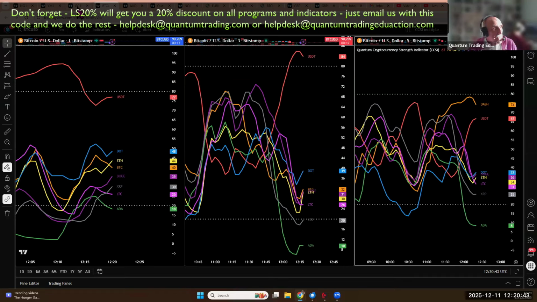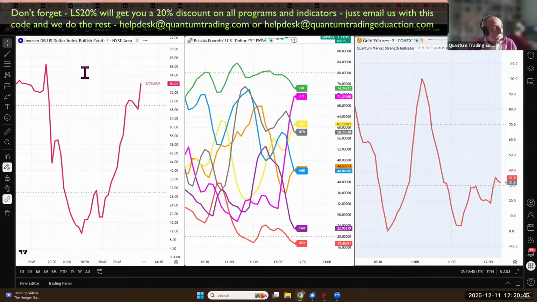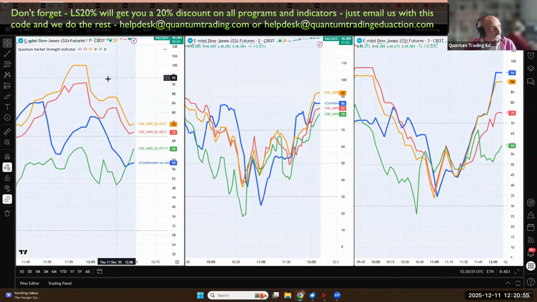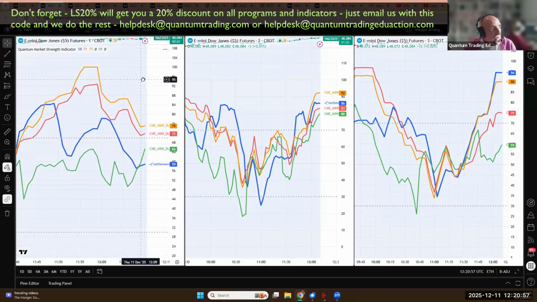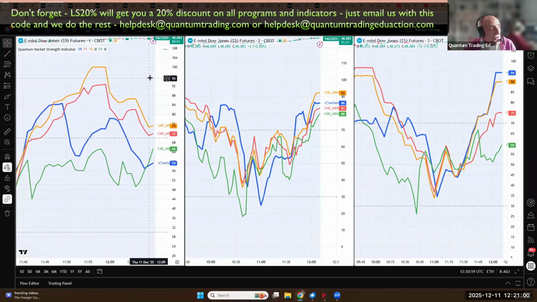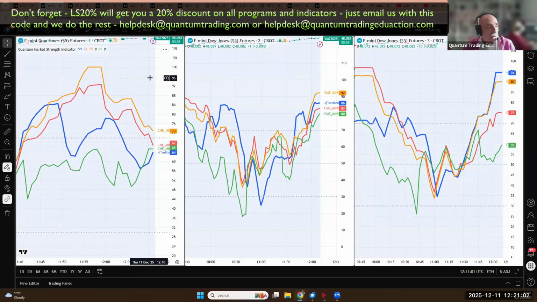Now, what we've also done since then is we've moved that concept into the MSI, which is the market strength indicator. And perhaps if I start with this one first, the market strength indicator, you can apply literally any instrument that you can think of that may be on your dashboard.